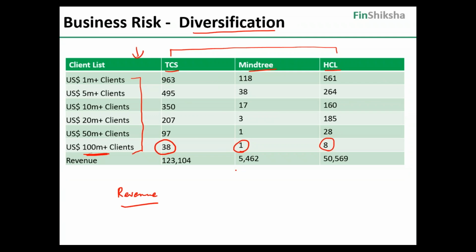So to continue here, 100 million plus client is, so $1 million is 7 crore. If I have 100 million, then it will be around 700 crore. Look at the revenue for Mindtree.